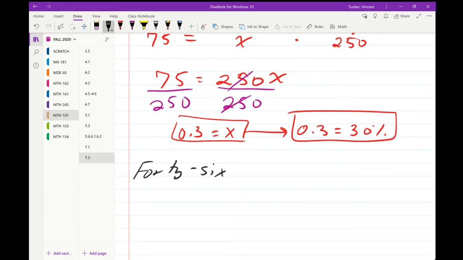If you're trying to go to a decimal, you move it two places to the left. If you're trying to take it to a percent, it's two places to the right.